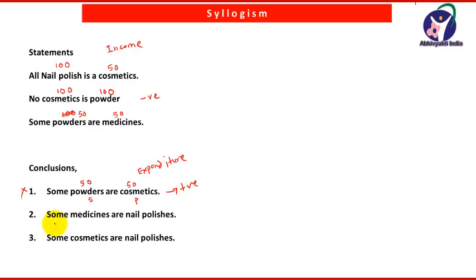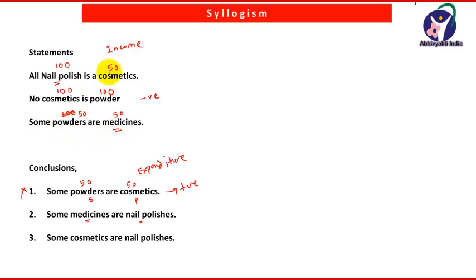Now the second conclusion, some medicines are nail polishes. Here the subject is medicines and the predicate is nail polishes. In the first statement there is nail polish, and in the third statement there is medicine.